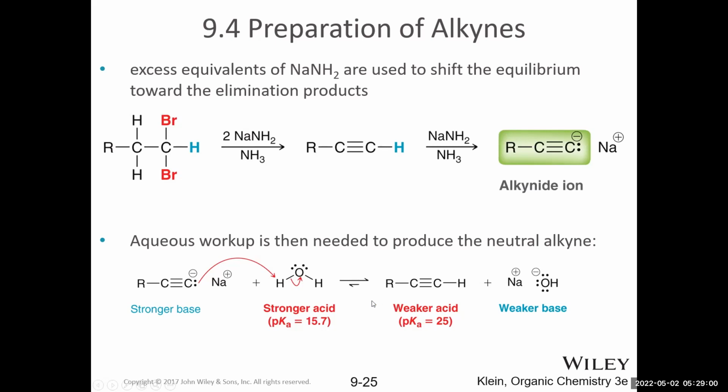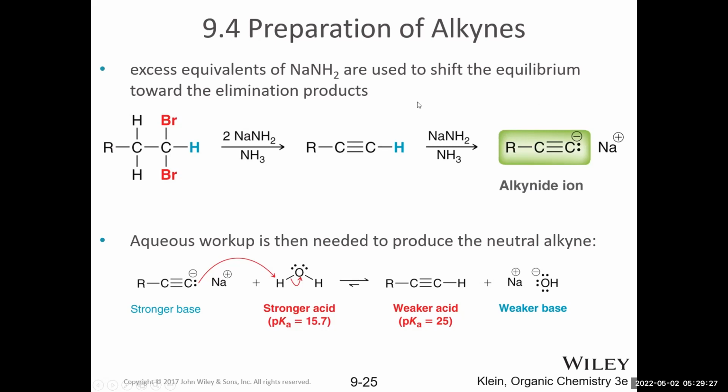So recall that the equilibrium when we were trying to deprotonate the terminal alkyne favored the reactants. So then the reverse reaction is actually favorable. Remember, sodium hydroxide is not a strong enough base to deprotonate a terminal alkyne to form the alkanide ion in water, which means if you take an alkanide ion in water, it will be favorable to form the terminal alkyne and sodium hydroxide.